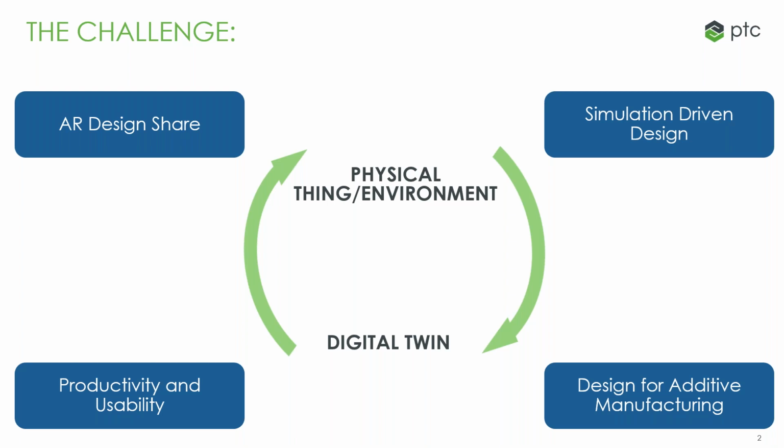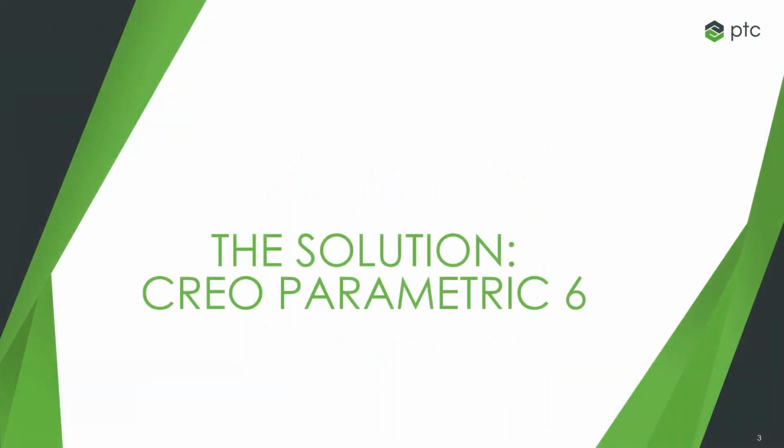Things like augmented reality, new simulation techniques, new ways of manufacturing, such as 3D printing, and of course, our CAD software has to be able to keep up with these ever-changing processes and techniques. So that's what we're here to discuss today: how Creo 6.0 can act as the seam between these different facets of the industry, and we can really start to unlock the potential in both the physical and digital worlds.